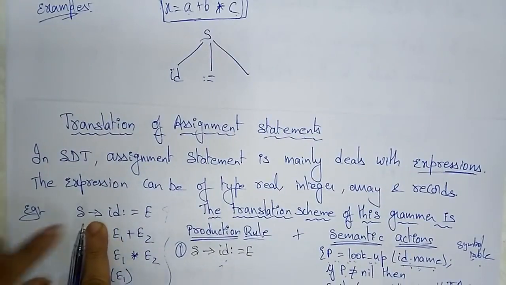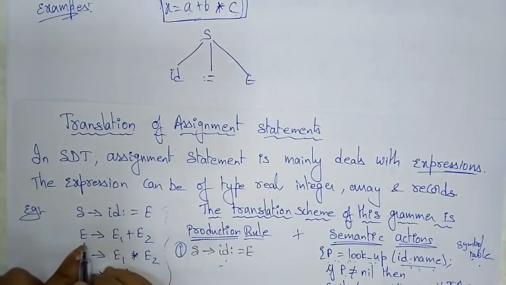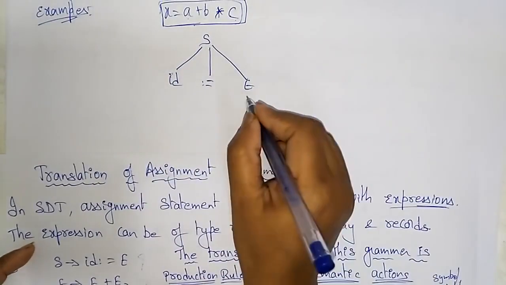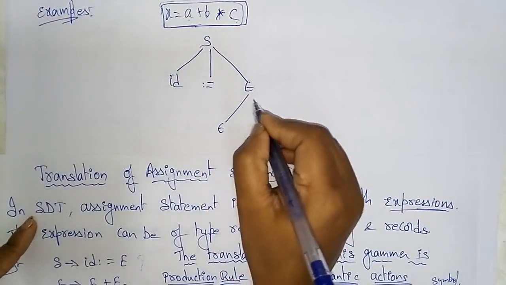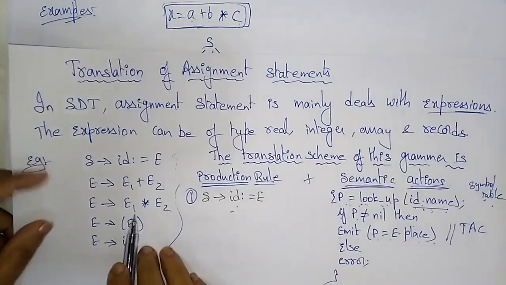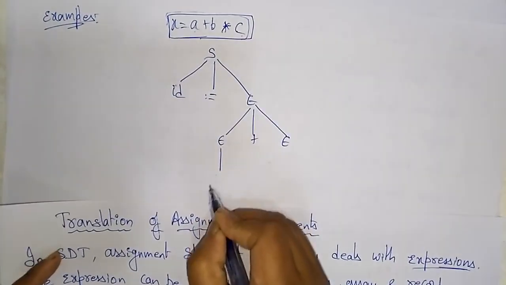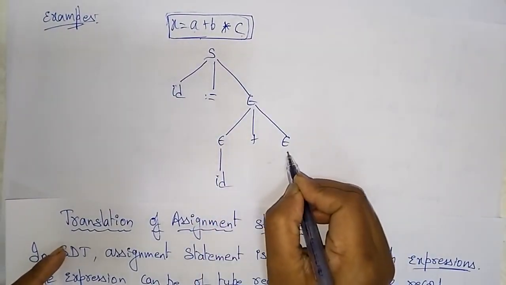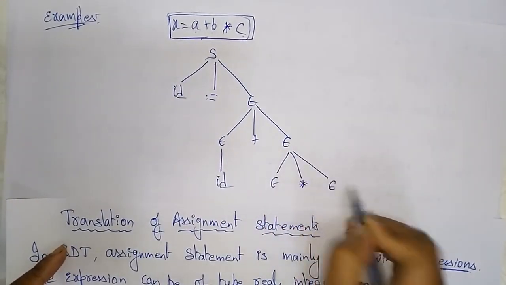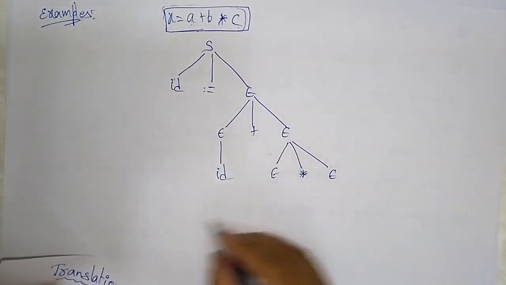So first, S determines ID = E. Next, E determines E1 + E2. Again, E determines E1 * E2. And E determines ID. Whatever productions are used are represented in the parse tree.